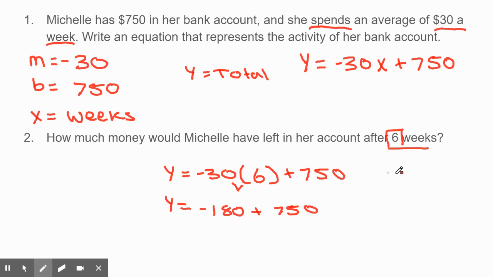They have different signs, so we're going to subtract. 0 minus 0 is 0. We got to borrow from the 7. 15 minus 8 is 7, and 6 minus 1 is 5. 570. So Y, after 6 weeks, she will have a total of $570.